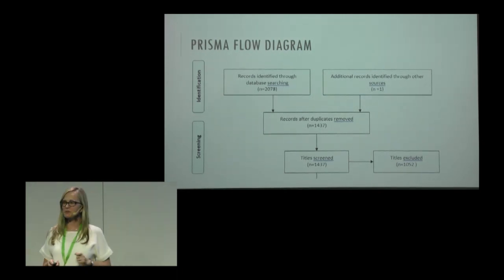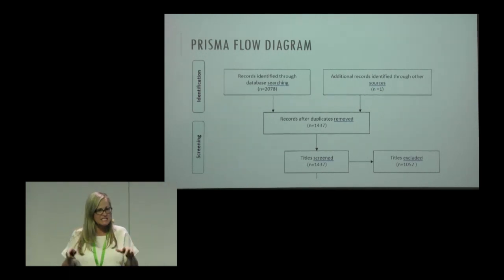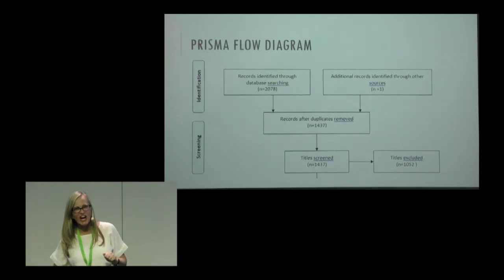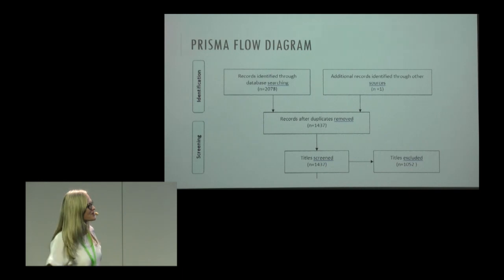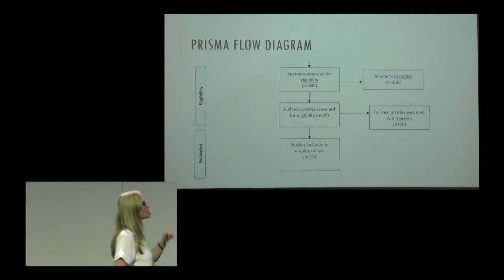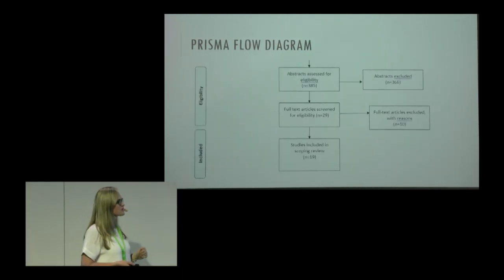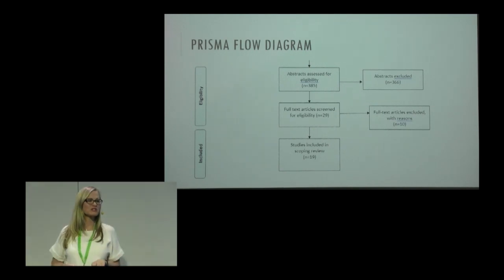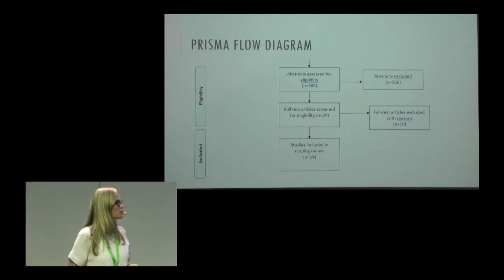And it's quite interesting because when you're searching PANDS, you come up with all sorts of things about pots and pans and panda bears in China. So I had to get rid of all of those and I was able to filter it down to 19. So we included 19 articles in this scoping review.